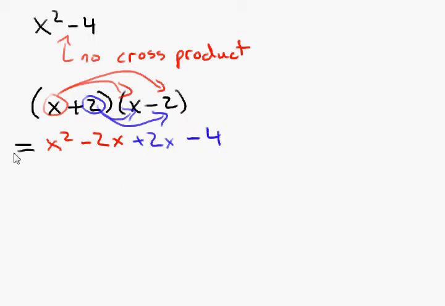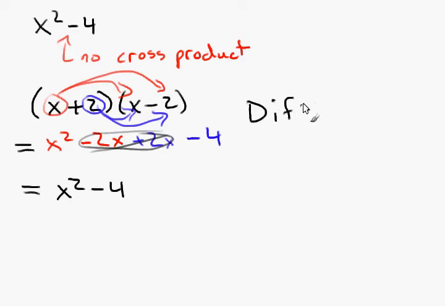Alright. These cancel out. So this simplifies to x squared minus 4. X squared, 2 squared. Subtraction. This is a difference of squares.